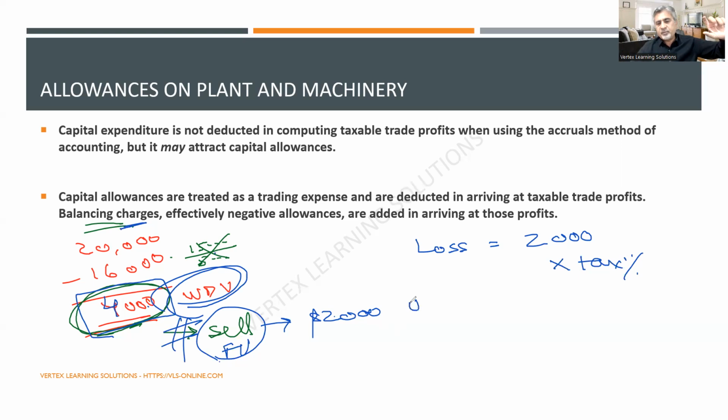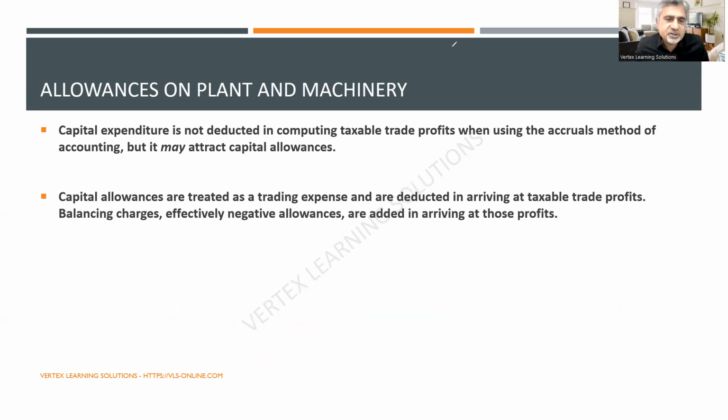If the written down value is not equal to the market value, the fair value, or the sale value of the asset, it means that the capital allowance which was calculated before was not correct. Therefore, we need to make an adjustment. It only happens when these two are not equal. If these two are equal, then there is no problem. But if the written down value is more or less, that will result in a balancing allowance or a balancing charge.